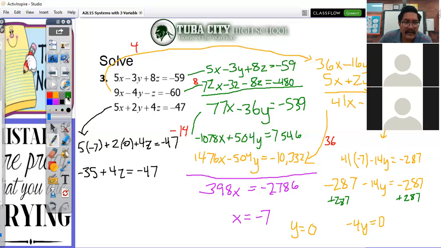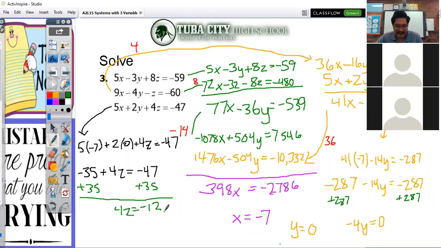And now I'm going to have to add 35 to both sides. And in this case, I think it's 12. Now it's going to be -12 because the negative is a little bit bigger. And again, I'm just going to double check that. So minus 47.